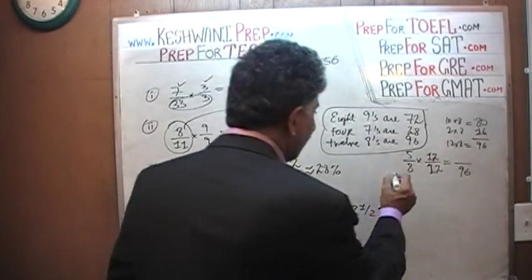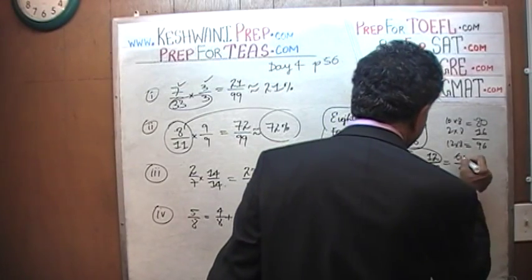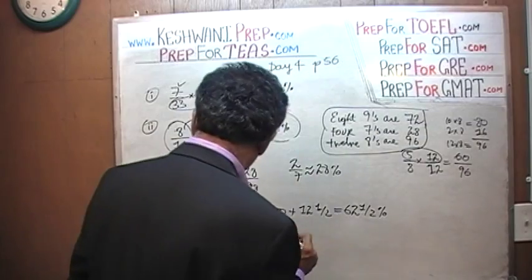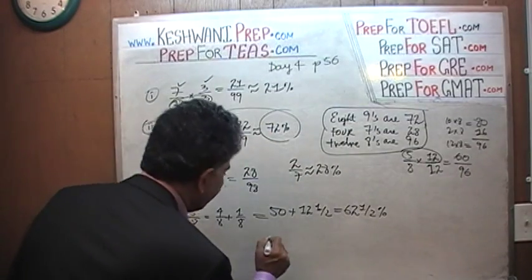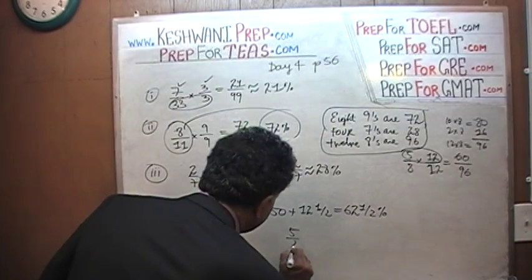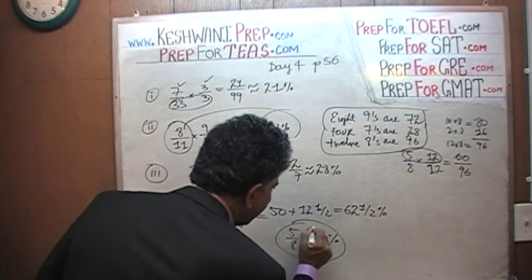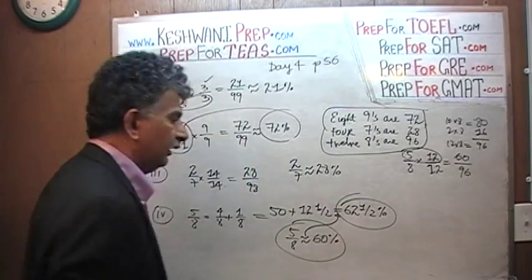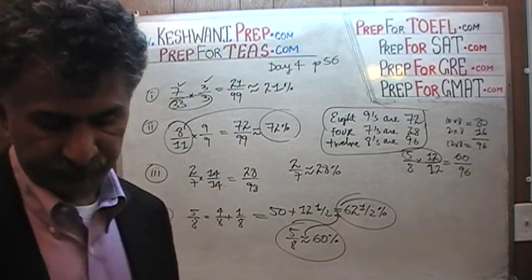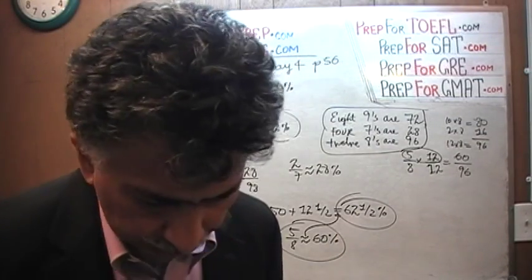And the top we get 12 times 5, which is 60. So we can say that 5/8 is approximately 60%. Approximately. But of course, if you want the exact answer, it is 62.5%. That was the end of that part.